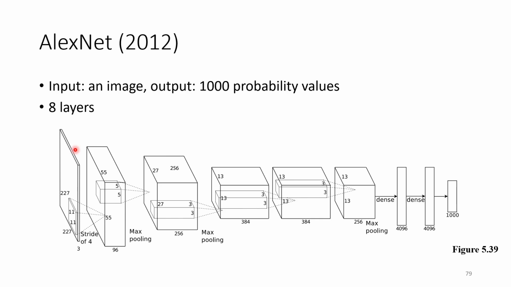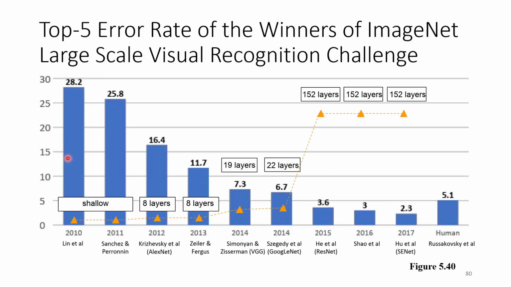How large is the input of LeNet? 32 by 32. So this is almost 8 times larger. Because it's 8 times larger, and there are 3 channels, it can be used for real-world photos. And there are 8 layers.